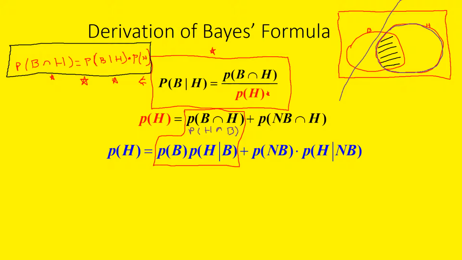We're thinking about how these formulas work together. But in the box here, what we have is a use of this version of the formula for probability of B given H. We've rewritten the left side, probability of B and H, as probability of B given H times the probability of H.